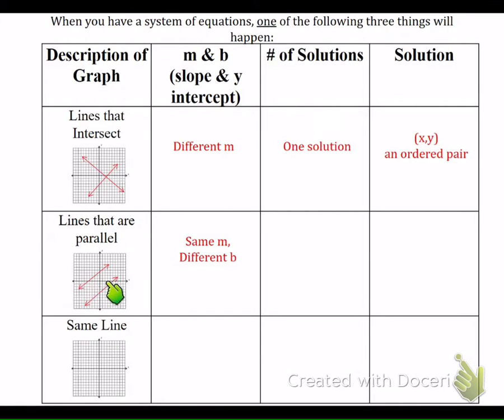Here, we wouldn't have any solutions because they don't cross at all. Solutions are where they cross each other. These don't intersect. They will have no common xy points, so you don't have any solutions. And your answer is either no solution or this symbol, which is an empty set symbol. It's like a 0 with a slash through it. Okay?